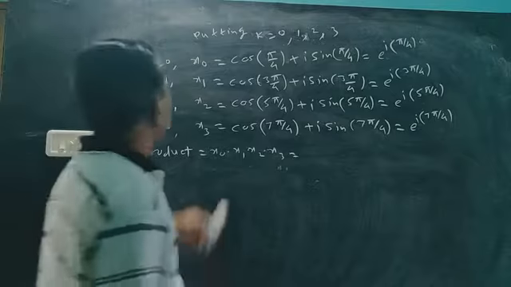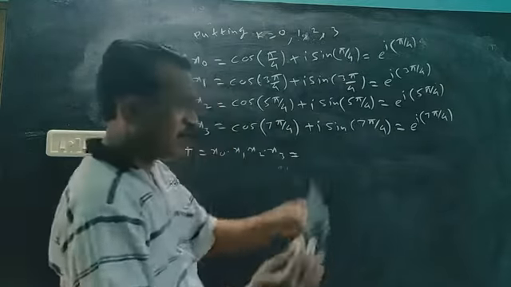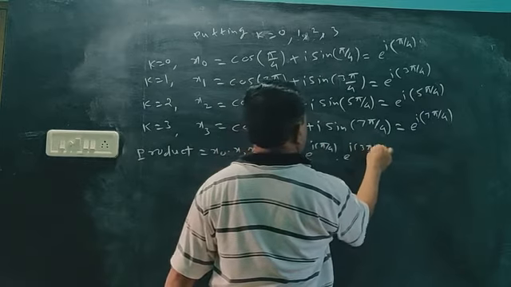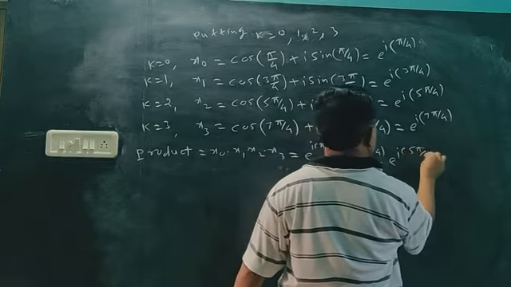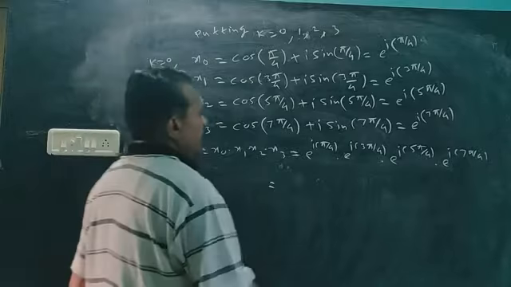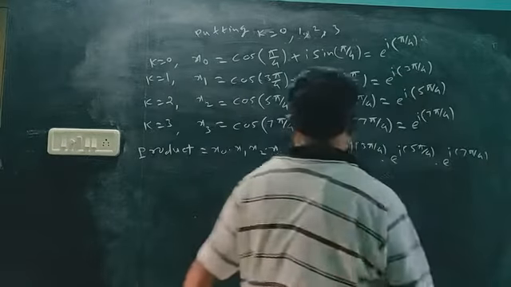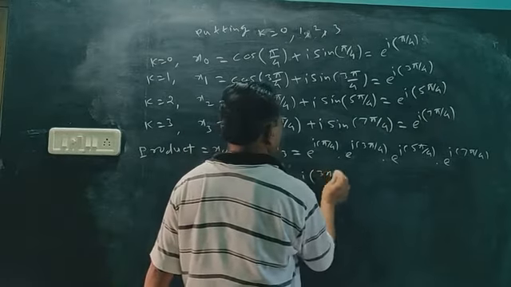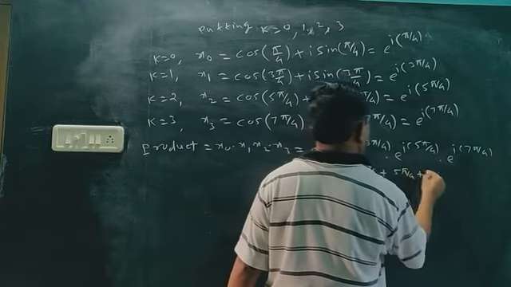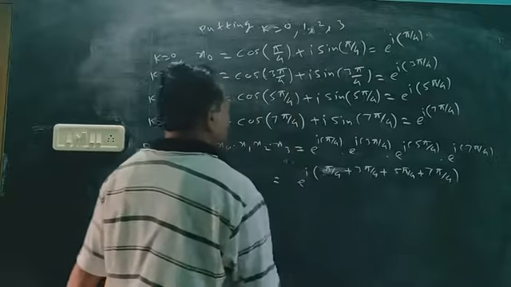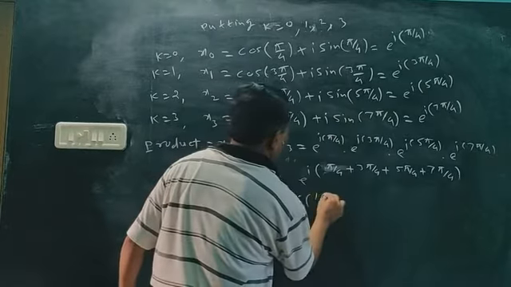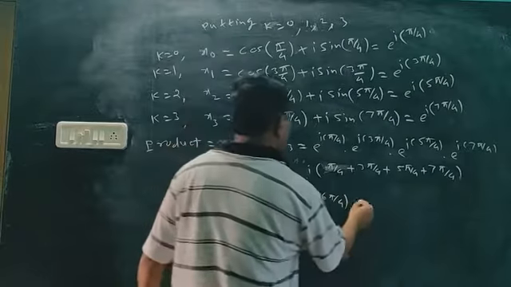In the cos form we cannot multiply easily, so we use e raised to power, where we have the index law: addition. e raised to power i times the sum: pi by 4, 3 pi by 4, 5 pi by 4, 7 pi by 4. The total is 16 pi by 4, that is 4 pi.